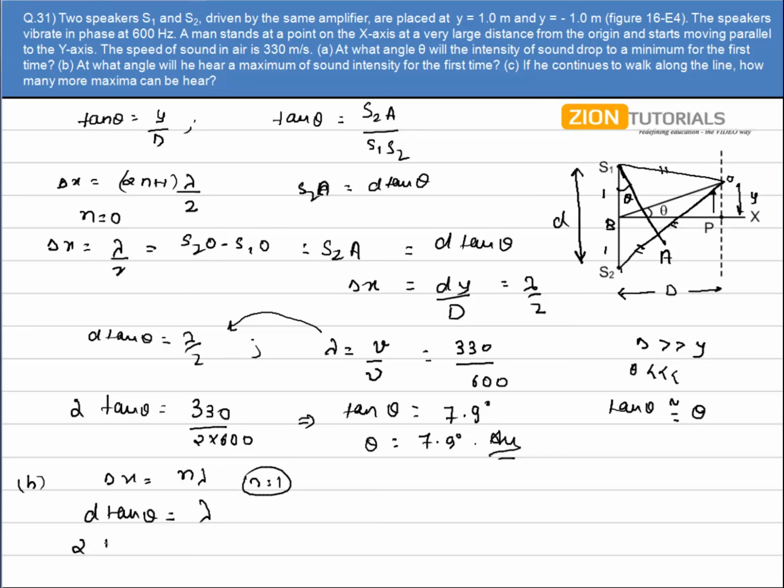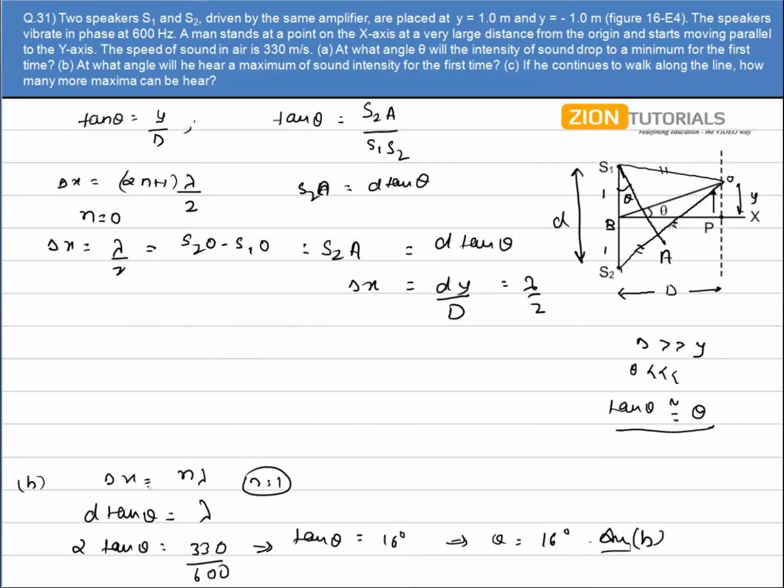Just substitute the value. d is 2, tan theta, and the value of lambda is 330 by 600. So theta comes out to be 16 degree, and as I took the assumption tan theta is almost equal to theta, theta is equal to 16 degree. That is the answer for the second part.